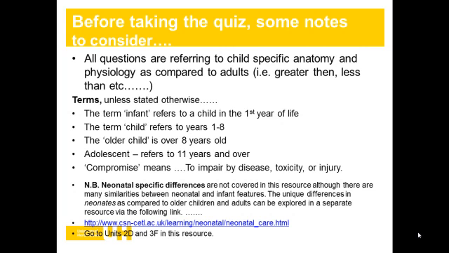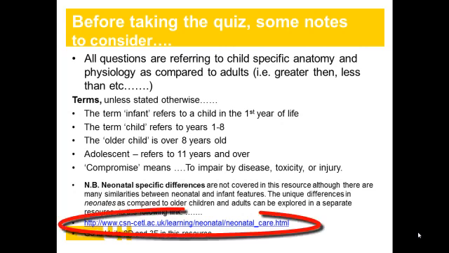The term compromise refers to an impairment by disease, toxicity or injury. In addition, neonatal specific differences are not covered in this resource, but they are covered in a separate learning unit, and the link is given here.